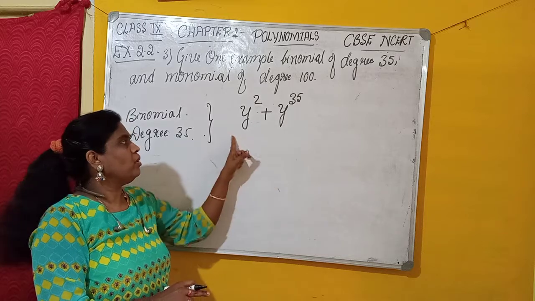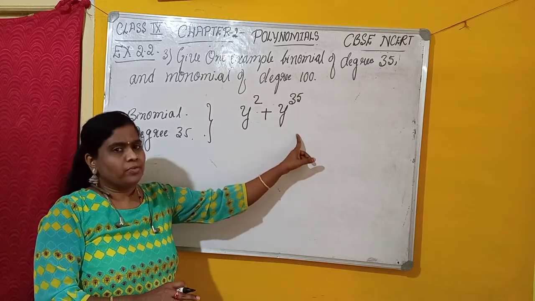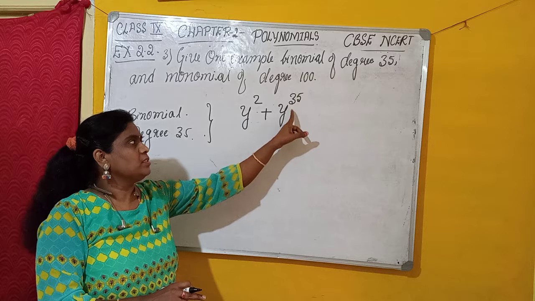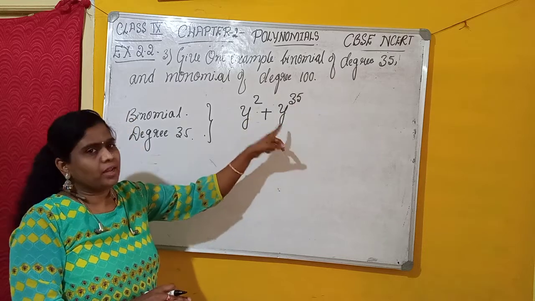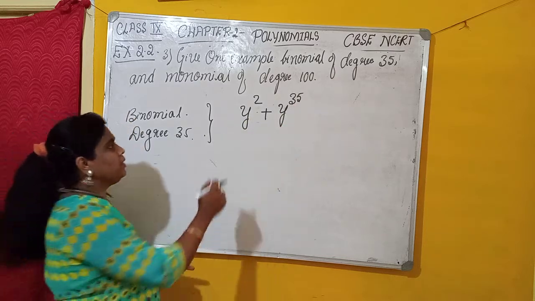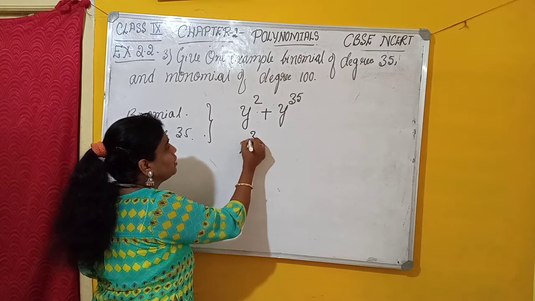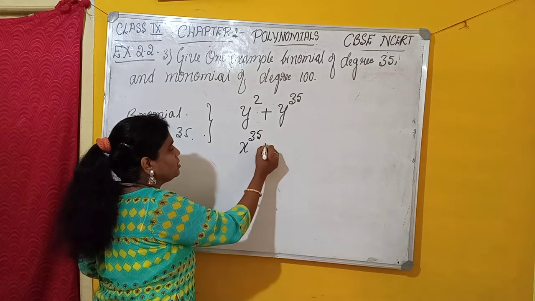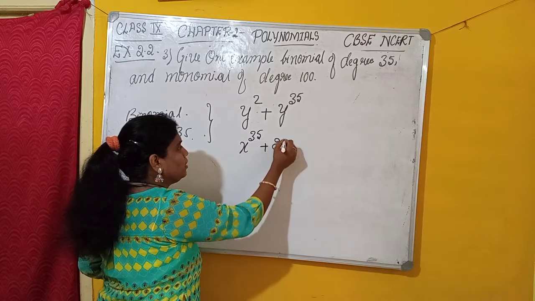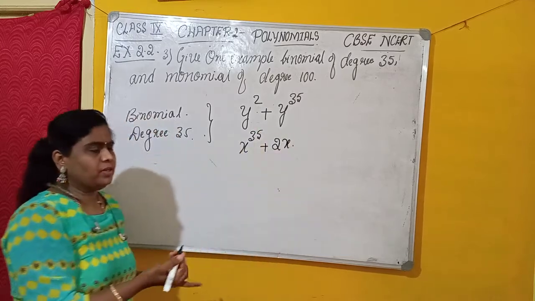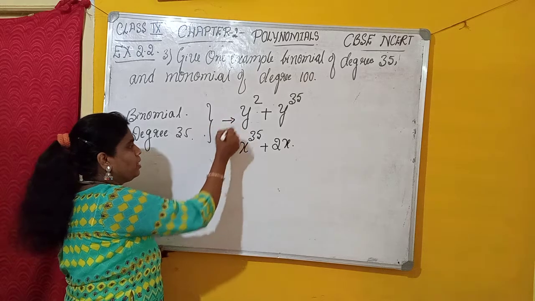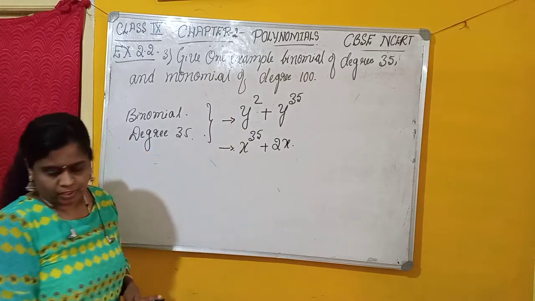The highest power of this polynomial will be 35. You can take this. Otherwise, you can simply take x to the power of 35, and write the second term as any simple term like this. Any one you can take, according to your wish.